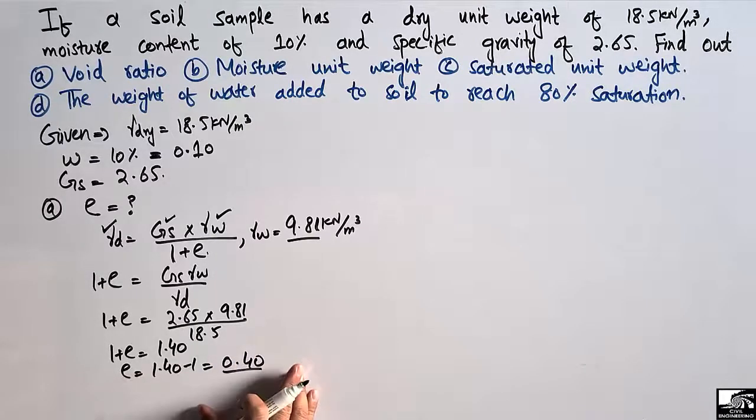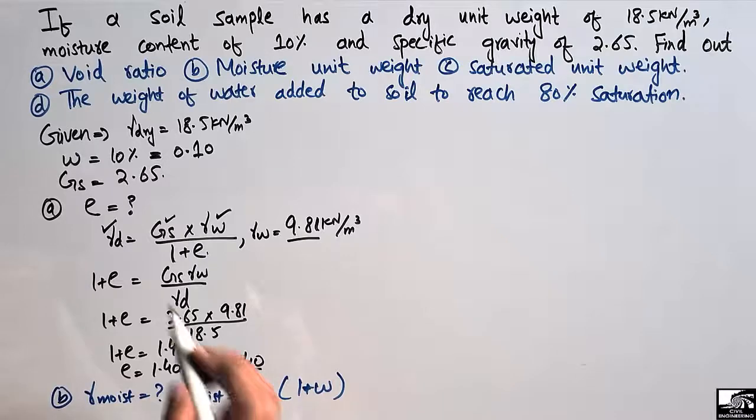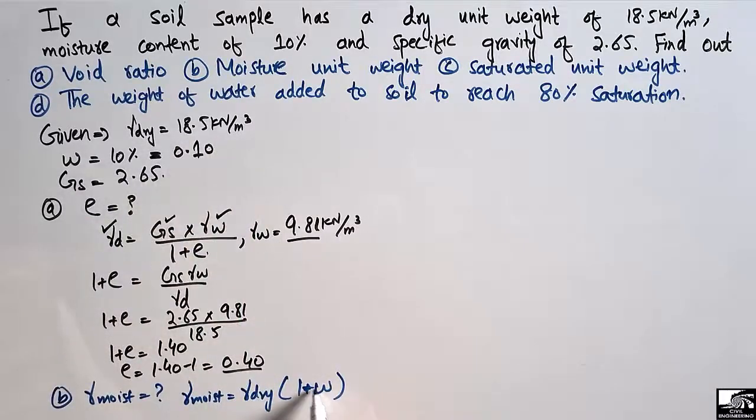Now we have to find out the moisture unit weight, gamma moisture. To find out the moisture unit weight, we can use this equation: gamma moisture is equal to gamma dry into 1 plus water content. Now we know that gamma dry is 18.5, and the water content is also given to us, which is 10%, so we can find out the gamma moisture for the soil sample.